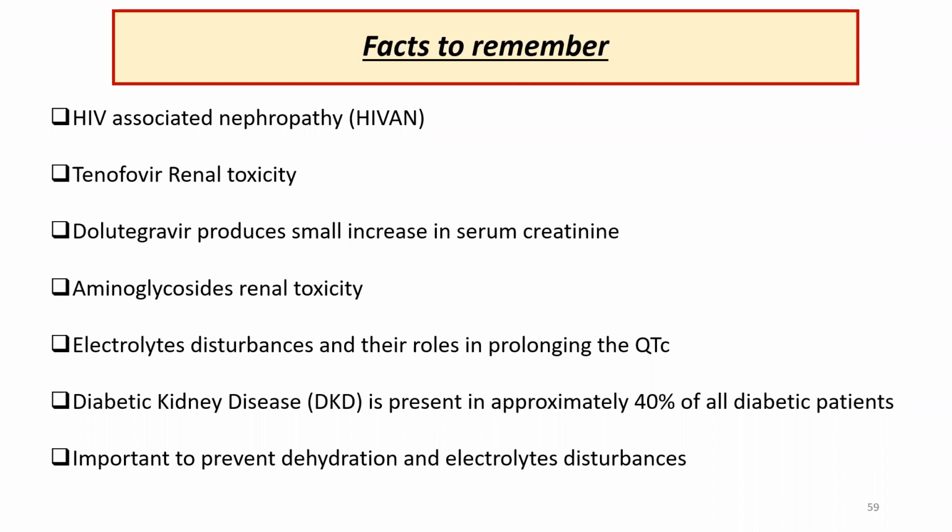Dolutegravir produces a small increase in serum creatinine, but it's a temporary thing in the kidney. Aminoglycosides, your amikacin, cause renal toxicity and electrolyte disturbance, and play a role in prolonging the QTc. Remember, we've discussed that your potassium could have an impact on your QTc.